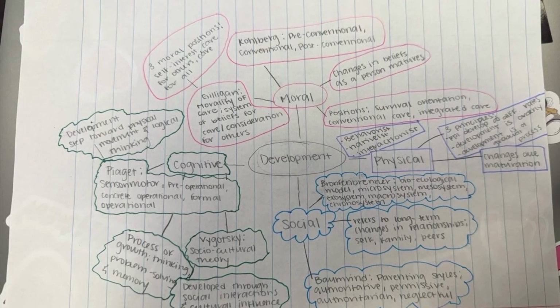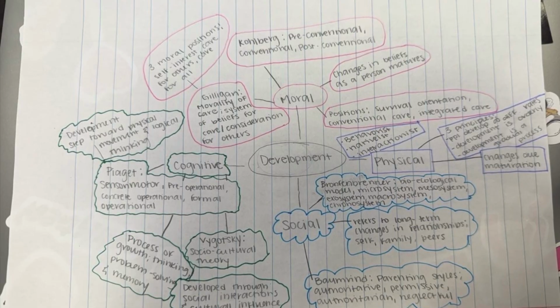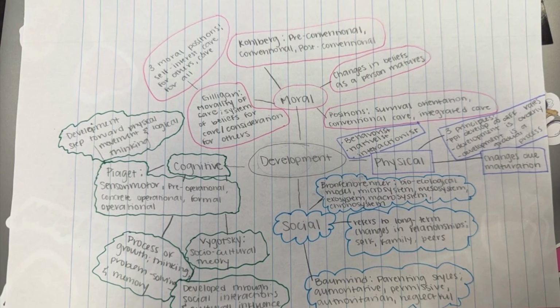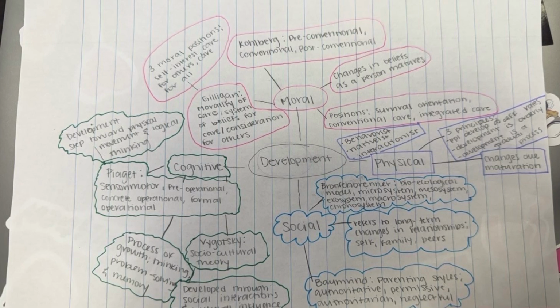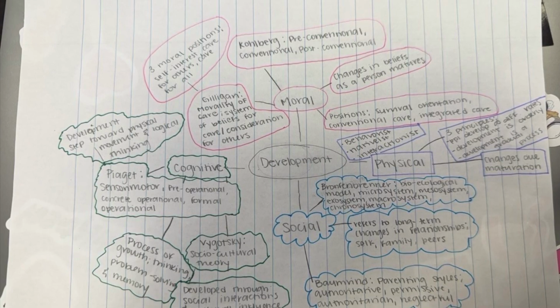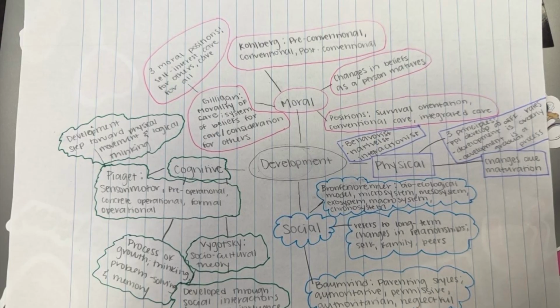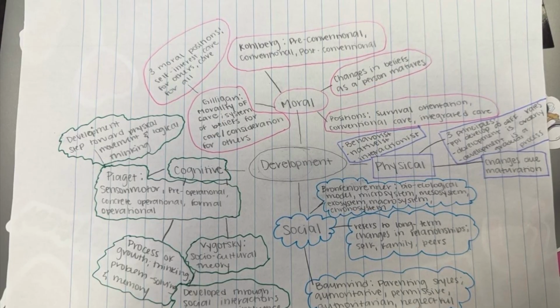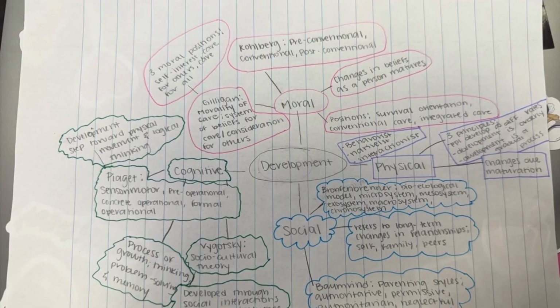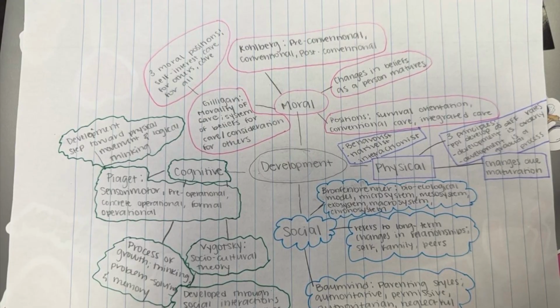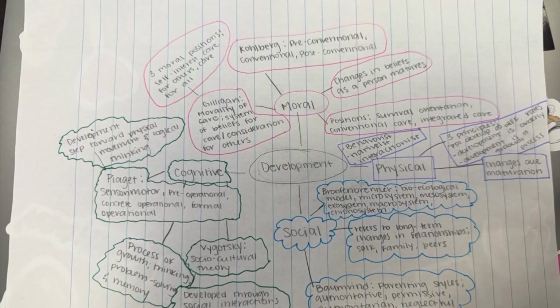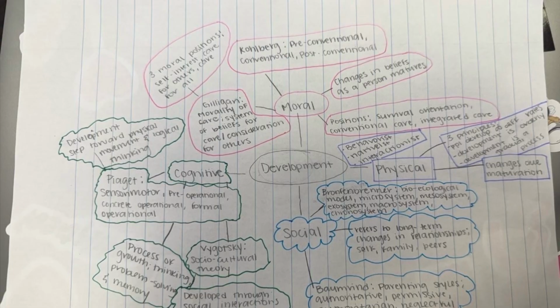We highlighted the fact that social and physical are just more able to be seen acts of development, and moral and cognitive really just go on inside a child's head, and so it's easier for a teacher and adults to notice that.